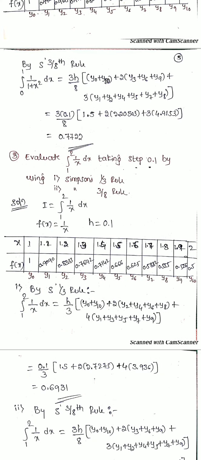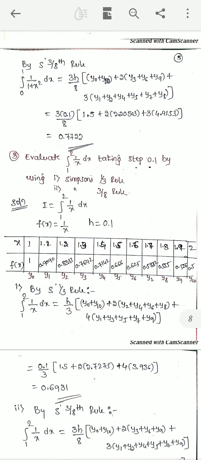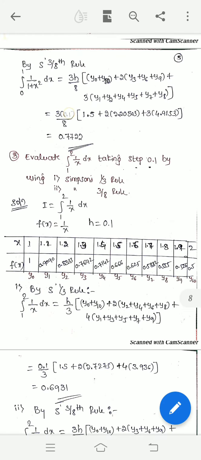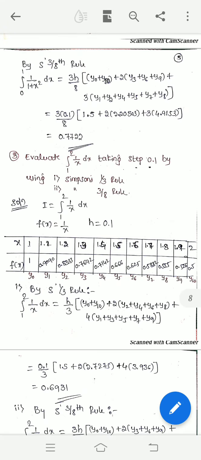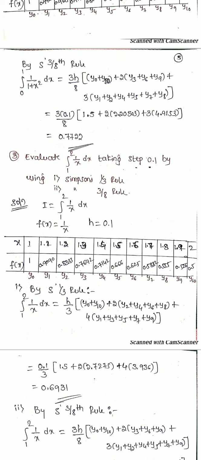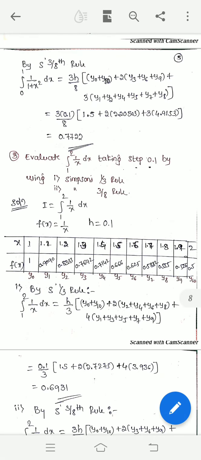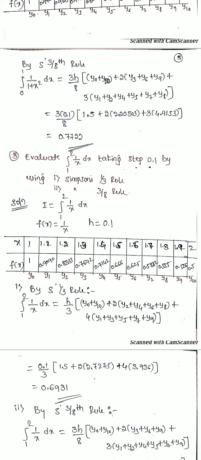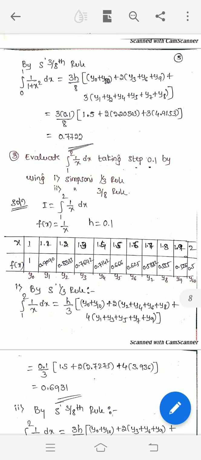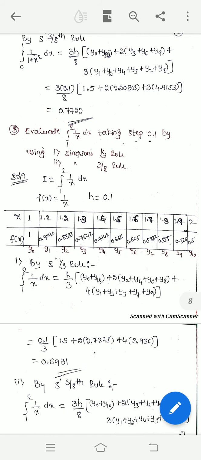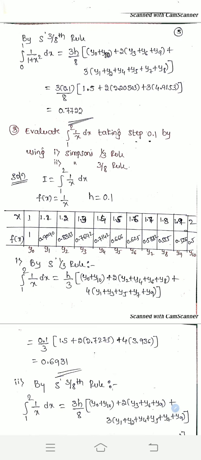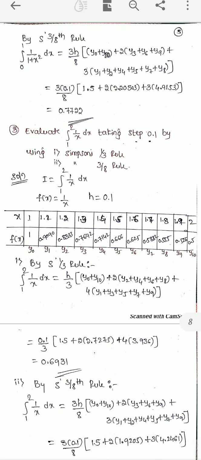So substituting all these values in the above formula, we are getting 3 into h, which is 0.1, so 3 into 0.1 divided by 8 into 1.5 plus 2 into 2.20503 plus 3 into 4.9153, that is equal to 0.7722.